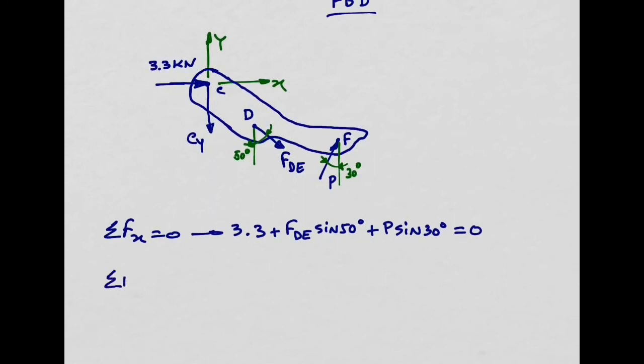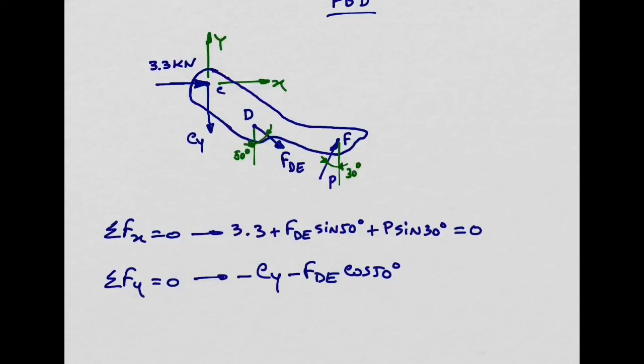Next equilibrium equation is summation of forces in the y direction equal to 0. Which forces do I have in the vertical direction? Minus Cy. What else? Plus or minus? Minus FDE cos of 50 degrees.